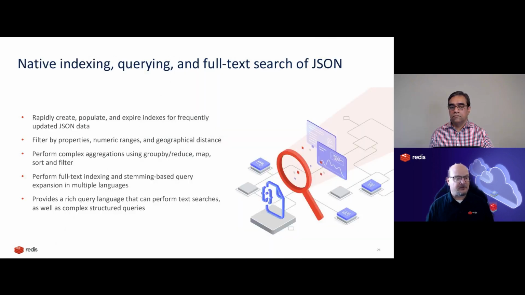So native index querying and full text search, as we spoke of earlier. These indexes are also implemented as keys in Redis through another module called Redis Search. Redis Search implements indexing as keys, as everything in Redis is implemented as keys.